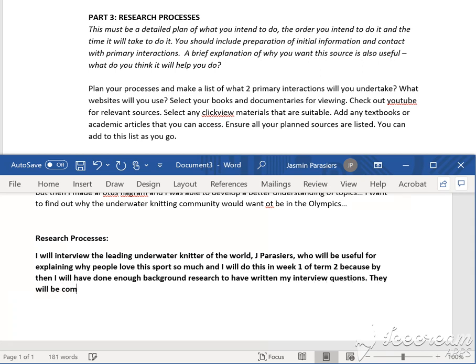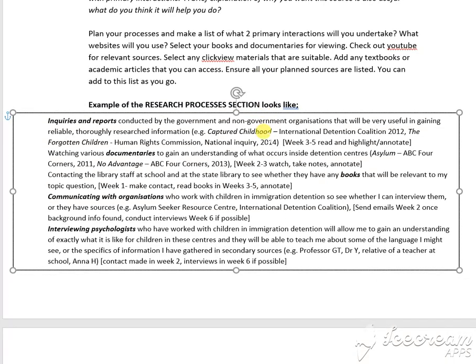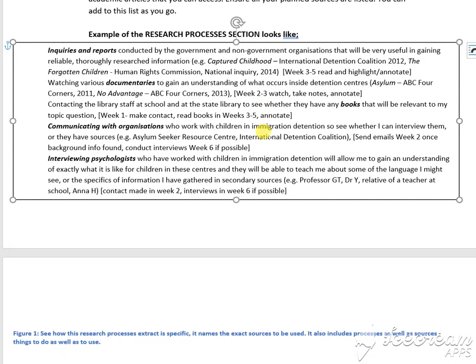They will be compared with another expert knitter who can cross-compare the answers, etc., etc. And I'd keep going in more detail, okay? And so that's what we've got here. We've got this lovely overview.